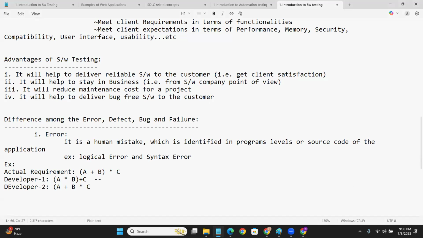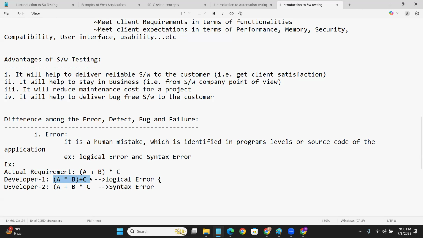Now, the first one we are going to call a logical error. The second one we call a syntax error. Try to understand. Logical error means, if you observe here, whatever instruction is given is understandable.